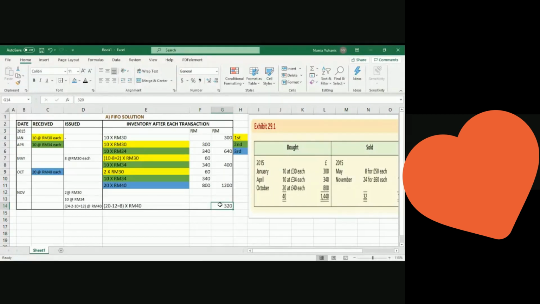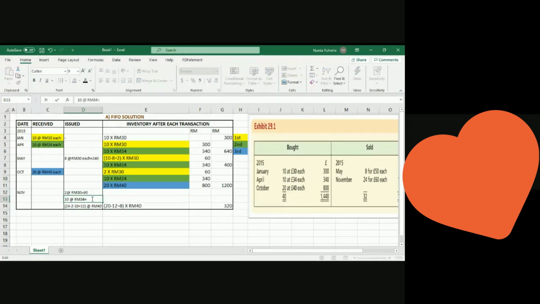The cost of goods sold is those that you have issued here, meaning 8 multiplied with 30, how much? 240. Then this one, 2 multiplied by 30, how much? 60.